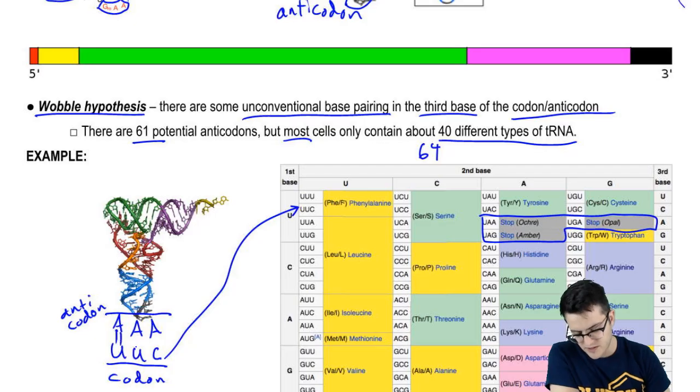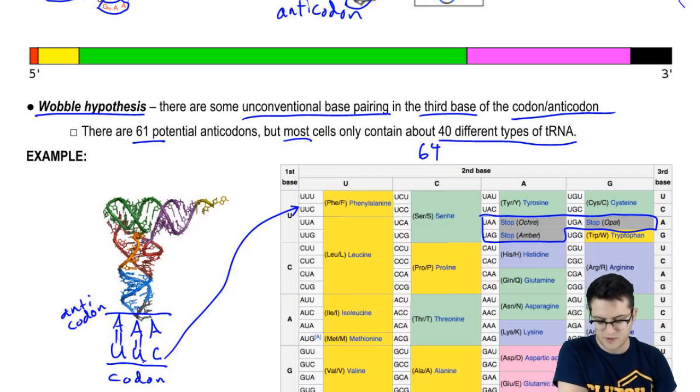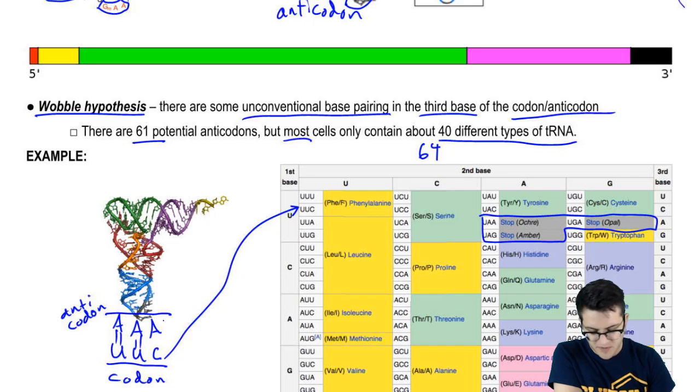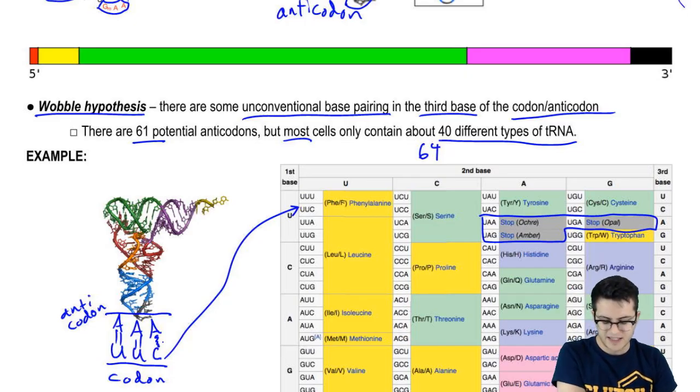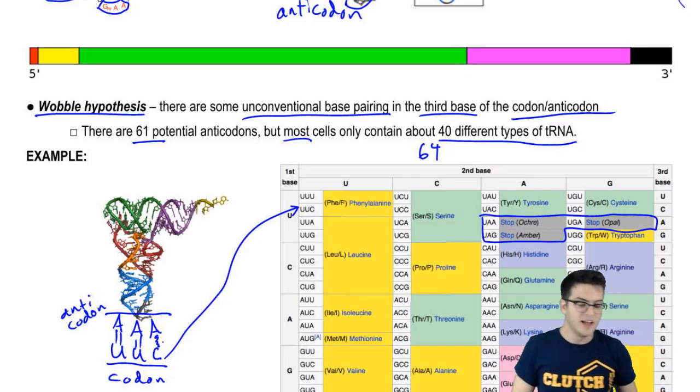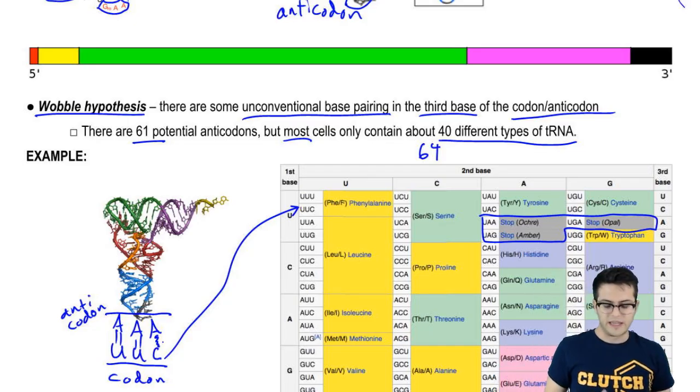These first 2 bases are still fine, right? We can still form 2 hydrogen bonds between those U's and A's. But normally we have a G hydrogen bonding to a C, not an A. However, we can still have a match between this codon and anticodon because of Wobble, because we can see some unconventional base pairing between that A and C. It's not a perfect fit, but it'll still work here.